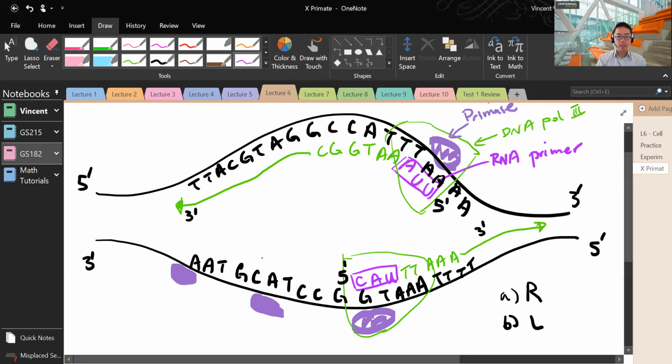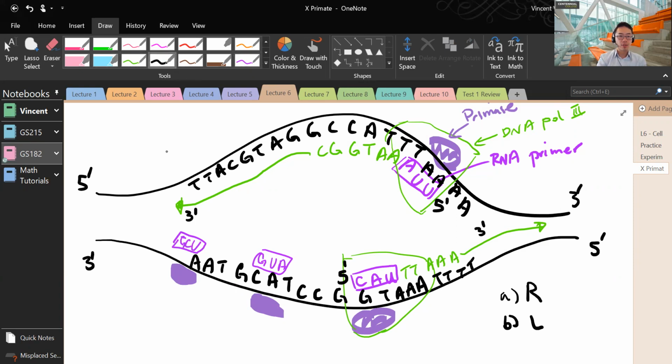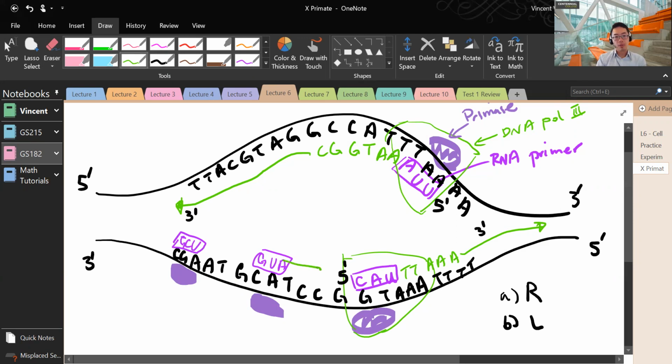Right, so there's going to be like a GUA here. Okay, and then there's going to be maybe another primer here, right? I'm just going to make up a few more. GC or something. Okay, and then you're going to build more and more.